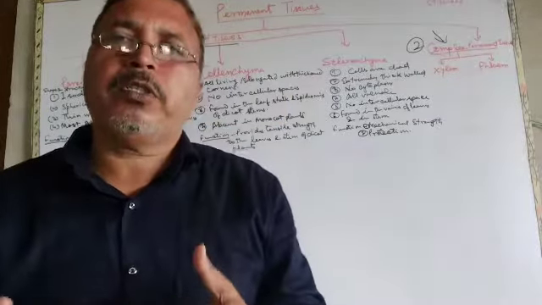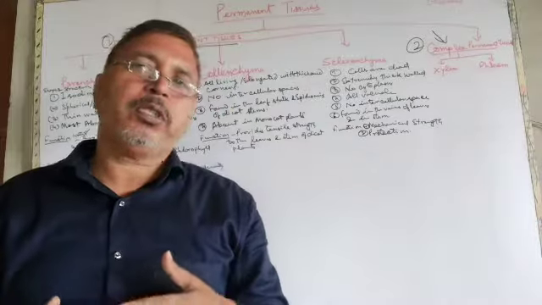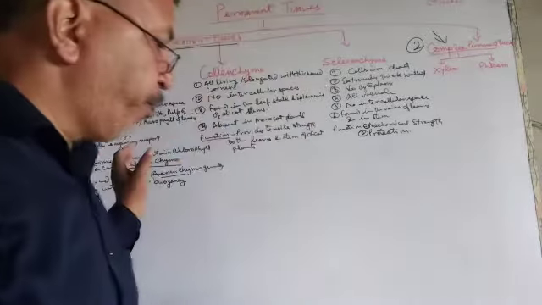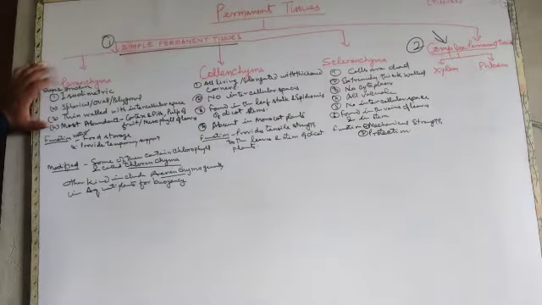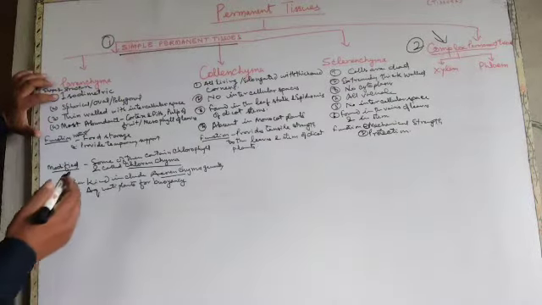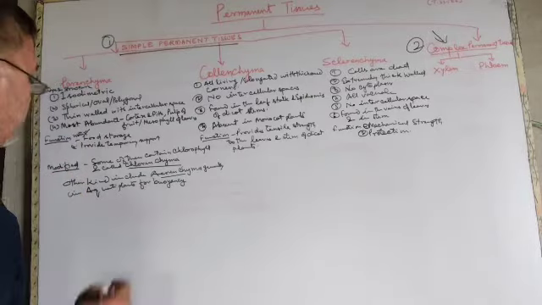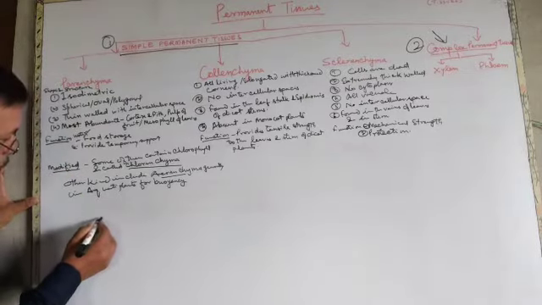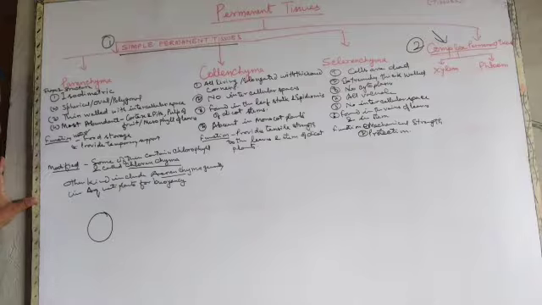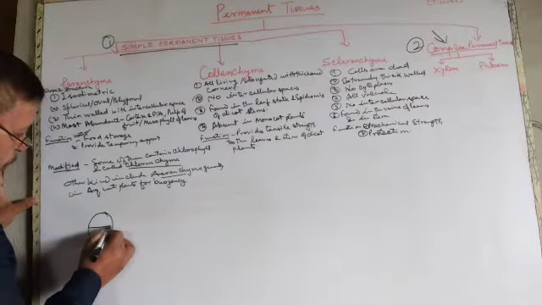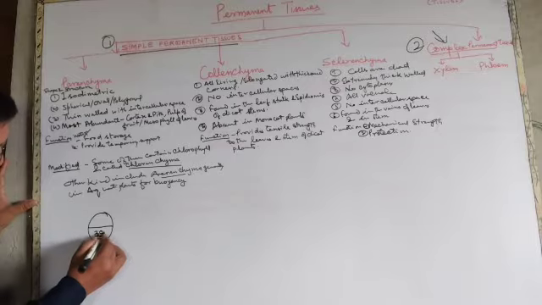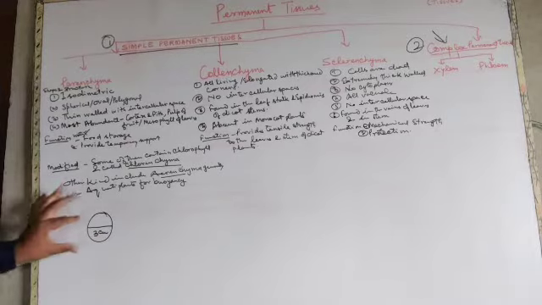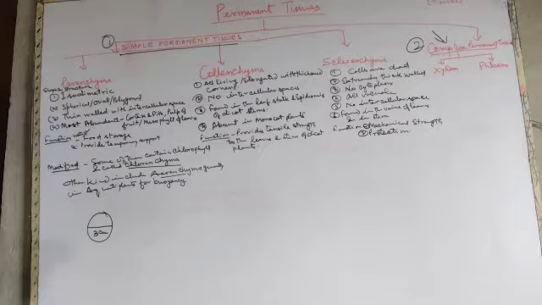The more features and development you will notice in them as regards their shape and structure is that they are isodiametric. Isodiametric means suppose there is a cell whose diameter is 3 centimeters.